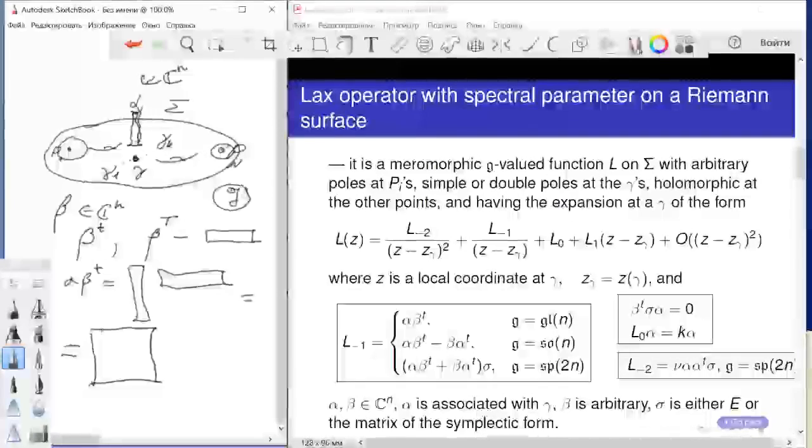Every column is proportional to alpha. If beta is just beta 1 and so on, beta n, then we have here beta 1 alpha and so on. The last column is beta n alpha.